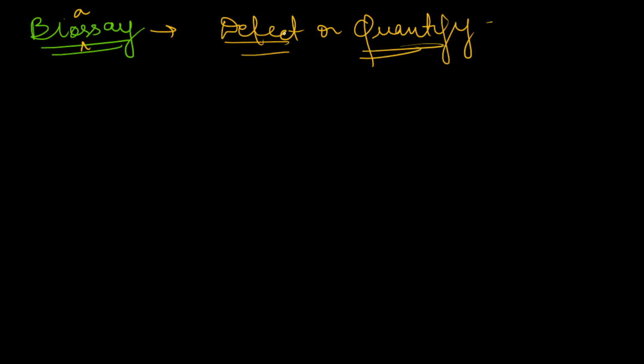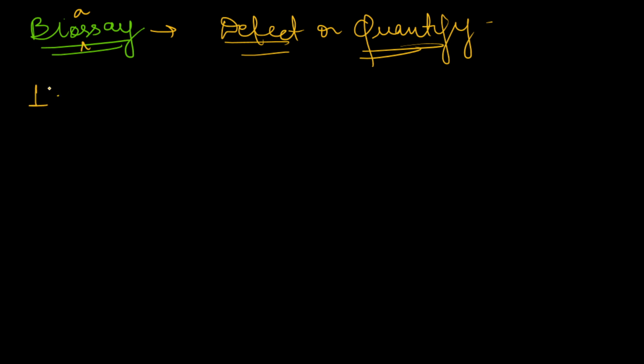Bioassay is nothing but to detect or quantify, that is, measure the quantity and detect its concentration or its efficacy. All these things come under bioassay. So how we can detect or quantify ABA will come in bioassay.